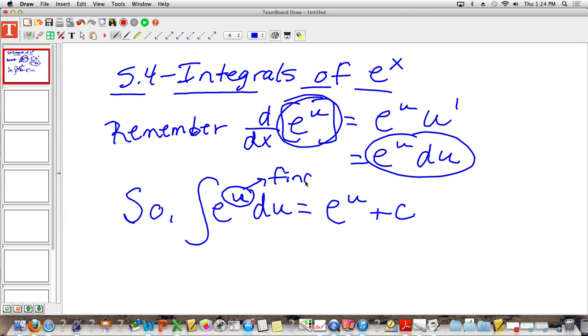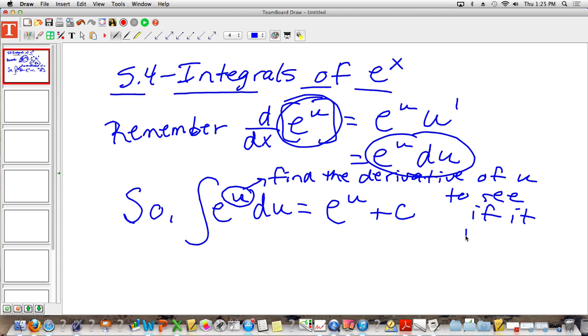I'm going to put a little note here that you are going to find the derivative of u, which is the power, to see if it matches the du. See if it matches du.